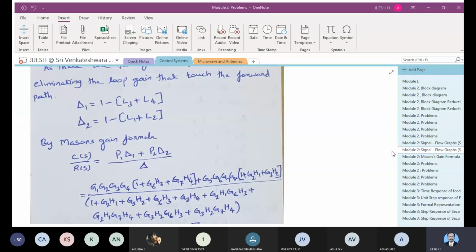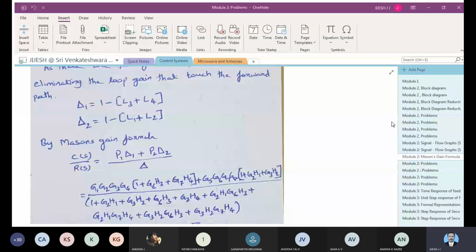Forward path and forward path gain you know clearly, and loop and loop gain as well. All these things have been used for the problems. Mason's gain formula we have discussed, and we have done quite a lot of problems. The equation is the summation of i equal to 1 to n.